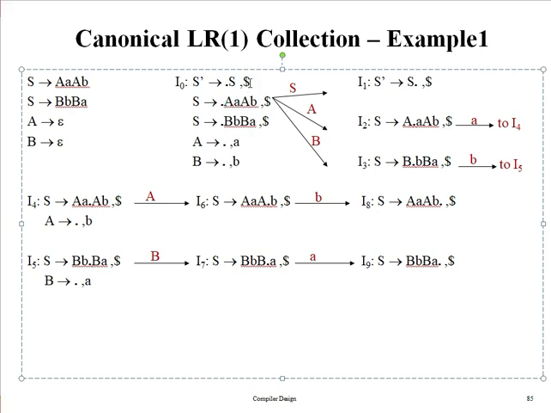The parameter is just the same $ sign here. Why? Because after S there is no other symbol that can be concatenated with the $ sign for calculating a first function on the concatenated string. Since we have only the $ sign as a single string, the first of $ is the $ sign itself. That's why we added the $ sign as the parameter.